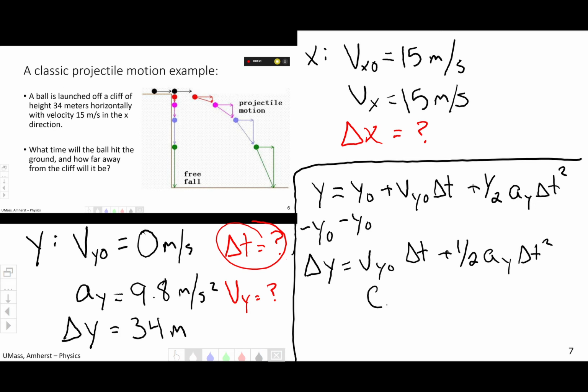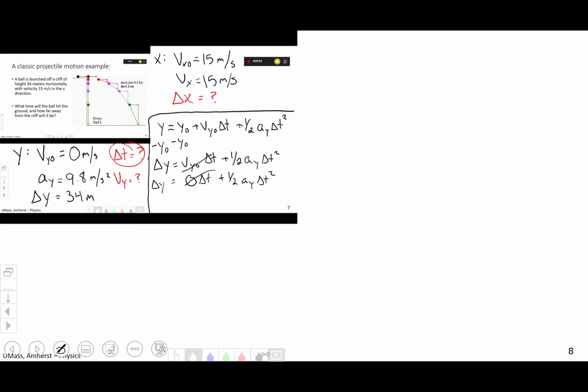Vy0 is 0, so that becomes 0 times delta t, which of course drops. So what we're left with is delta y equals 1/2 ay delta t squared. And what do we know?